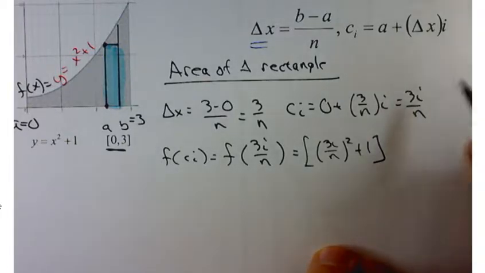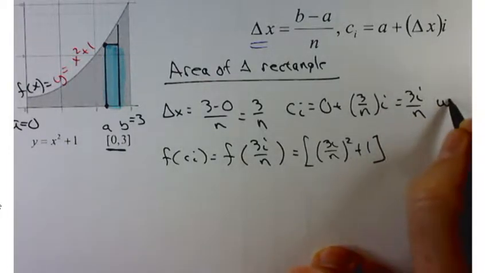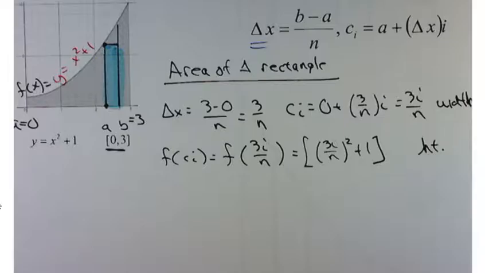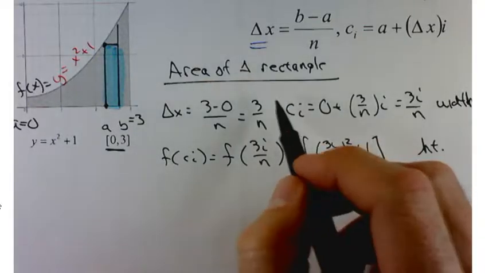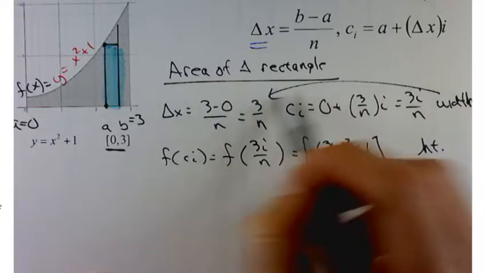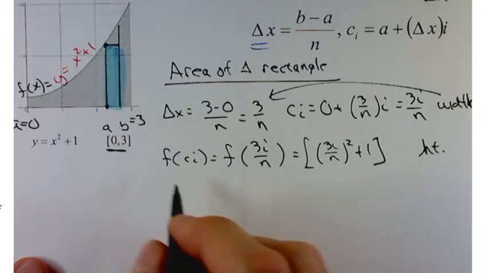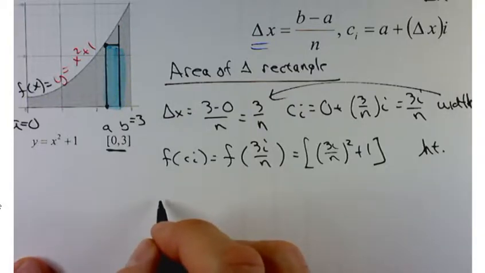But now the product of these two. This is your width. This is the height. The product of those two gives us the area of one rectangle. Actually, you know what? This is your width right there. So the area of one rectangle is going to be like this.